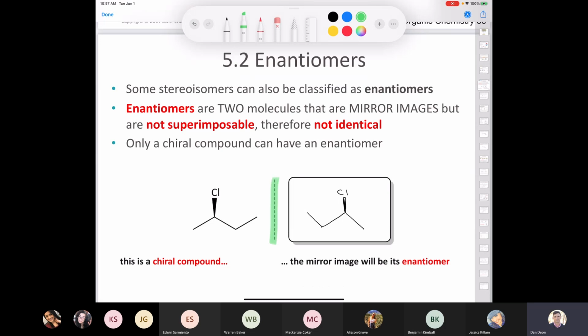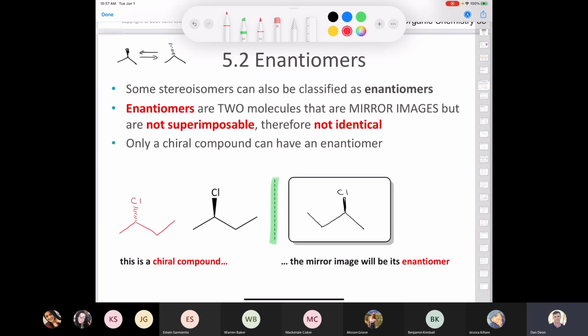Every time you see a wedge, you just flip it to a dash, and anytime you see a dash, you flip it to a wedge. So to reiterate, if I wanted to draw the enantiomer of this compound, all I would do is draw the same thing, and I'd take this wedge and flip it to a dash.